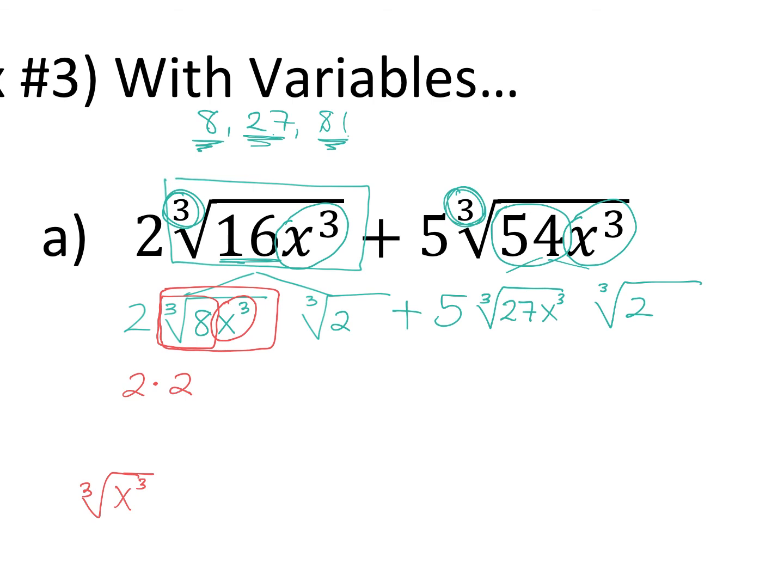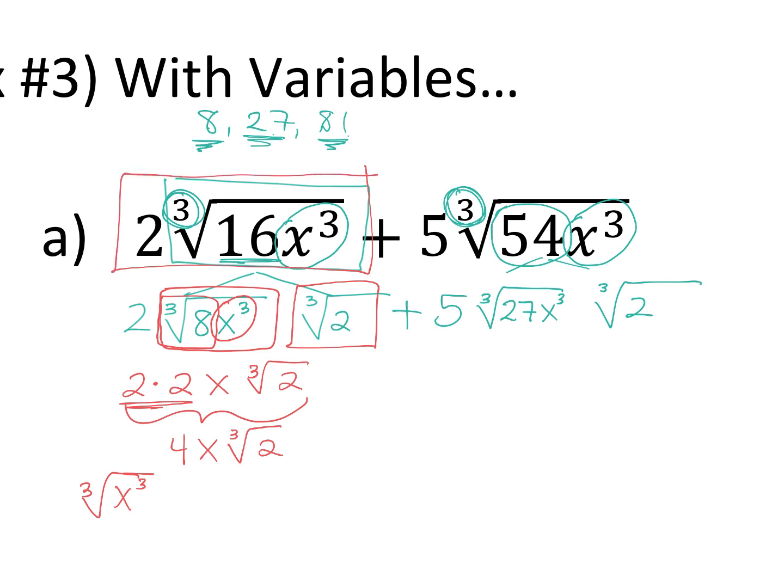But yeah, just plug that into your calculator if you don't know it off the top of your head. That's totally fine. So the cube root of x cubed is just x, okay? And then we still have this that we can't do anything with. So now this becomes 4 times x times the cube root of 2. So that is this simplified.